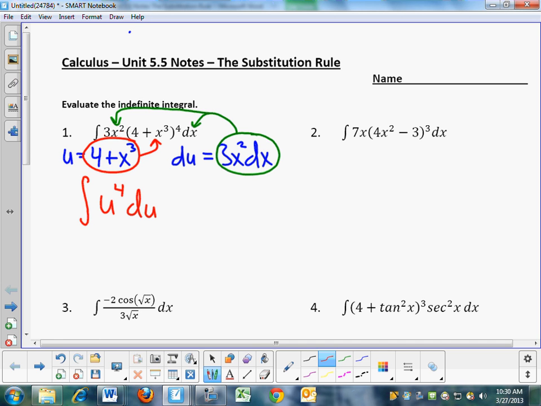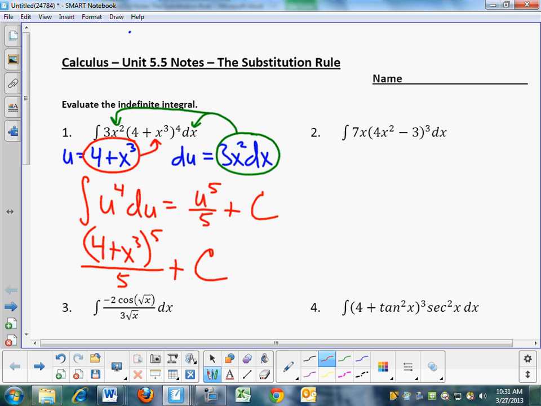I can easily take the antiderivative of u to the fourth. What is the antiderivative of u to the fourth? U to the fifth over 5 plus c. Now that I've taken that antiderivative, what do you think I do? Just like in the chain rule, you're going to substitute u back in, and you will get 4 plus x to the third, to the fifth, over 5 plus c.